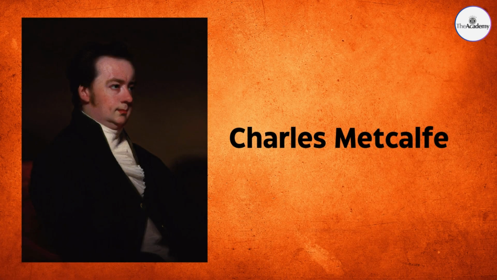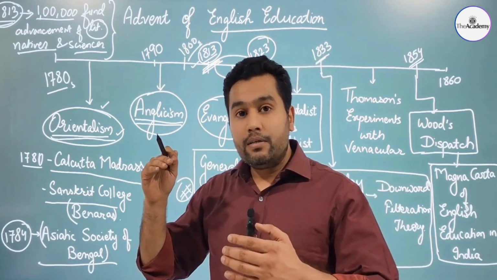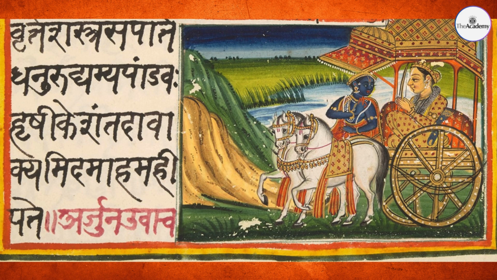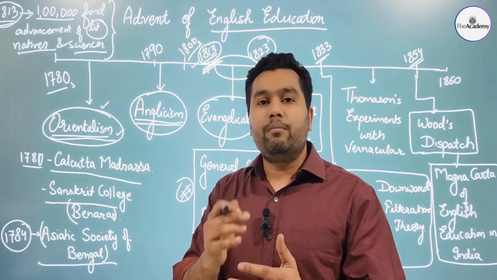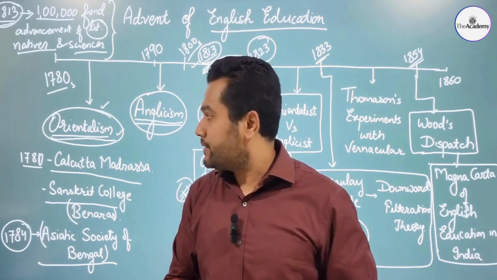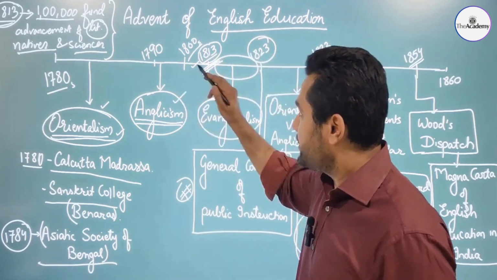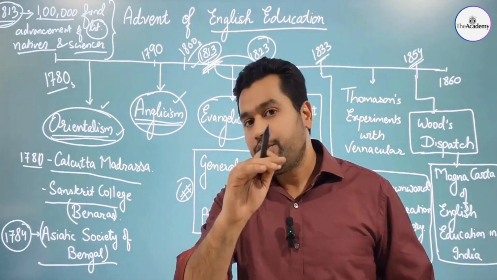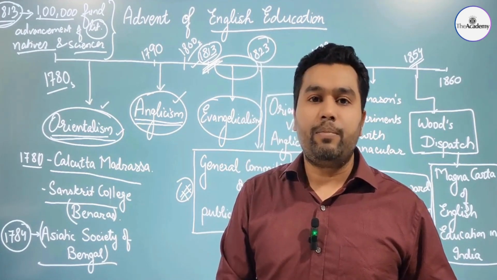The Orientalists always claimed that Sanskrit or vernacular languages or Oriental languages should be the medium of public instruction. It should be either Persian or Sanskrit. However, the Anglicists insisted that English should be the medium of public instruction.